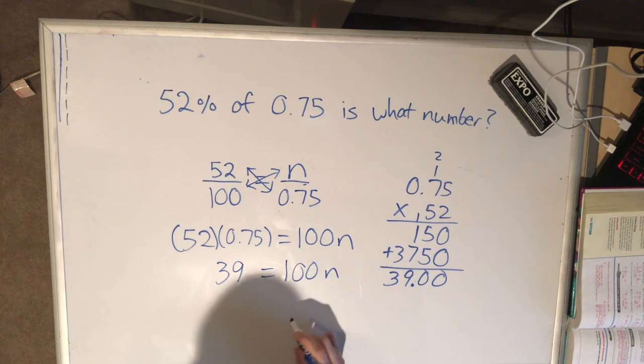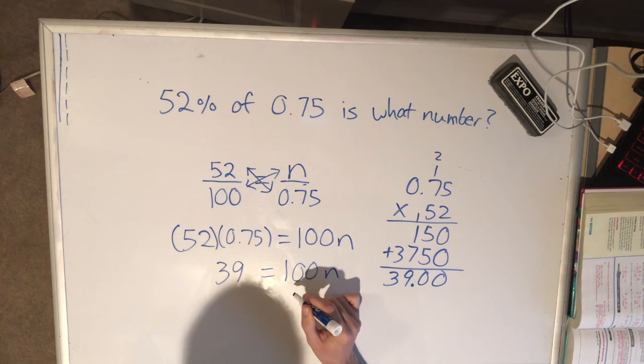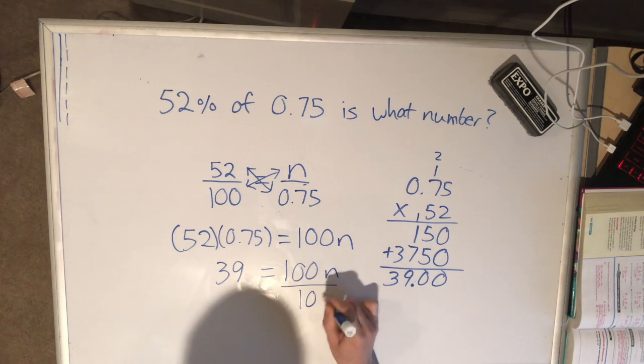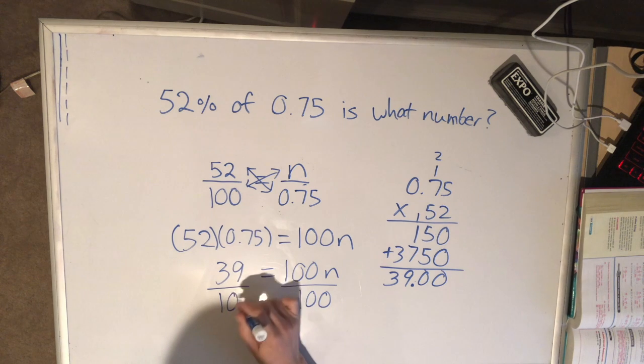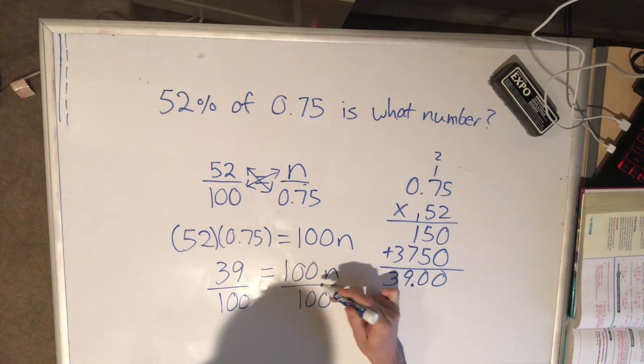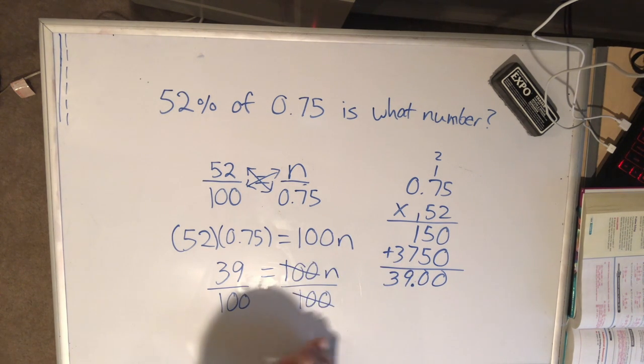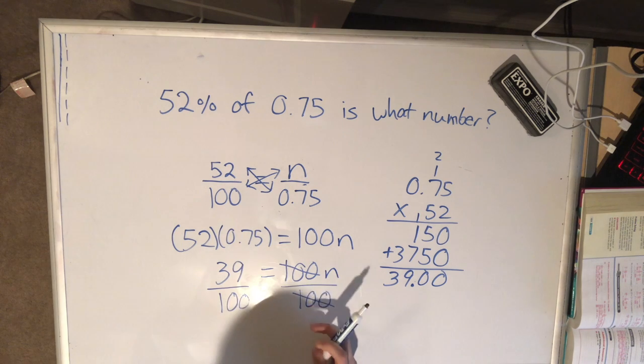N is being multiplied by 100, so to get rid of the 100, do the opposite and divide each side by 100 using a fractional line to indicate division. 100n divided by 100 is 1n, and 1 times n is just n, so the 100s cancel out. Actually, don't leave it as a fraction.